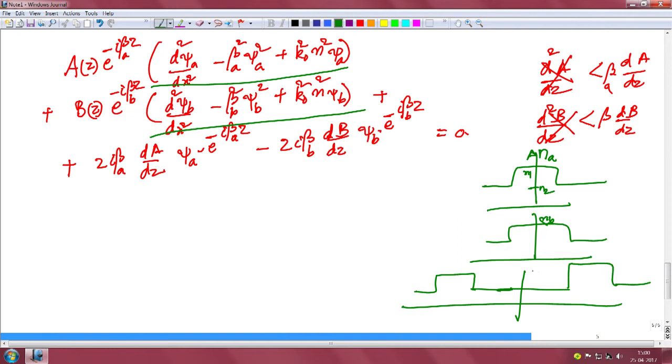So, we can say that the given refractive index profile n of x can be written as a combination of N A and N B like this.